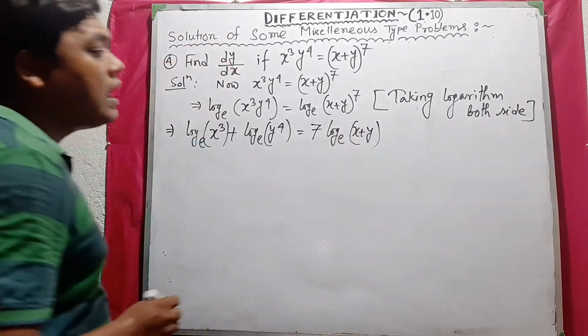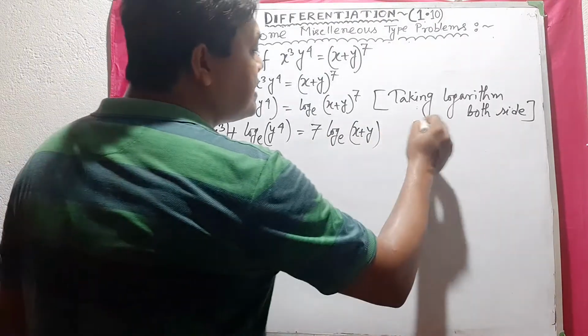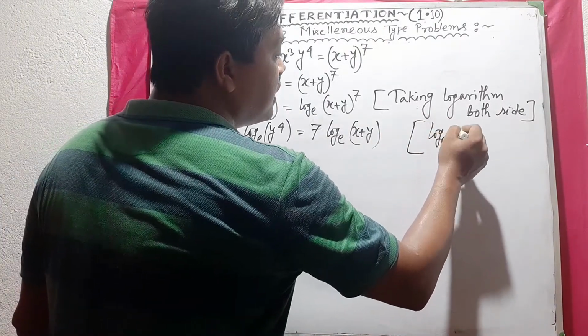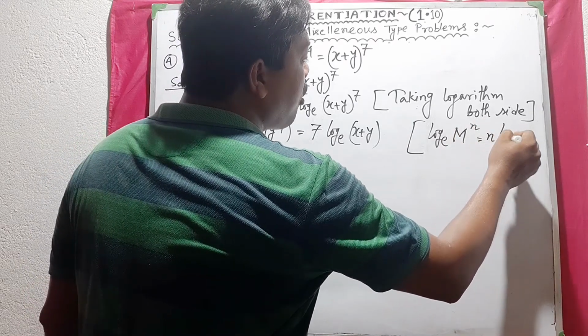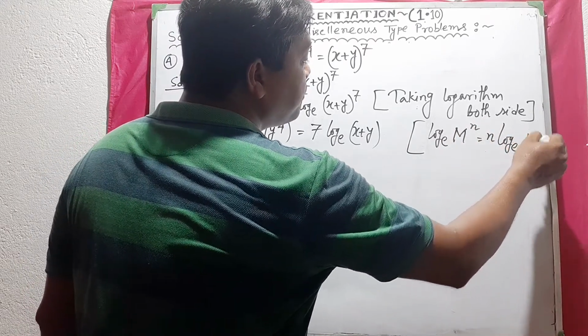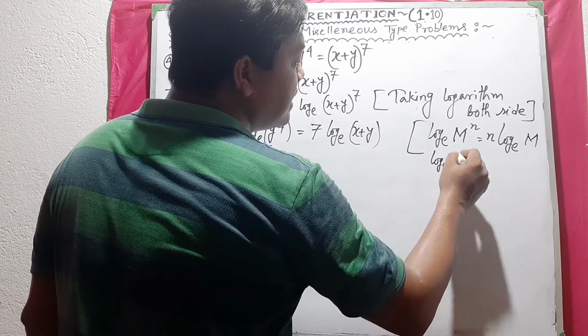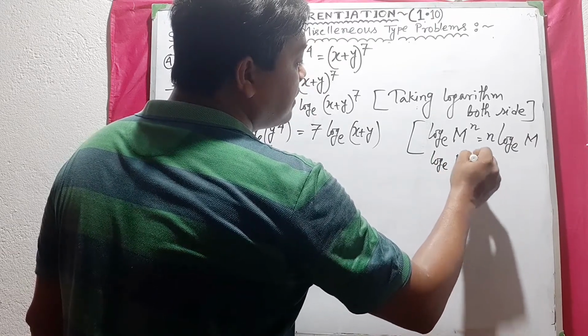According to the formula, log m to the power n gives n log m.